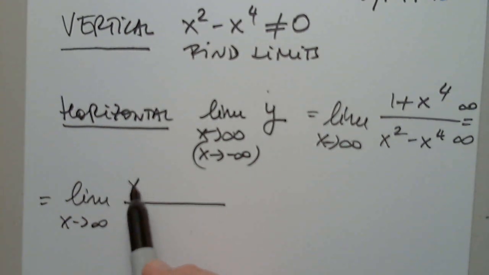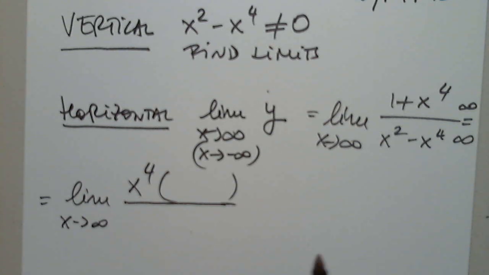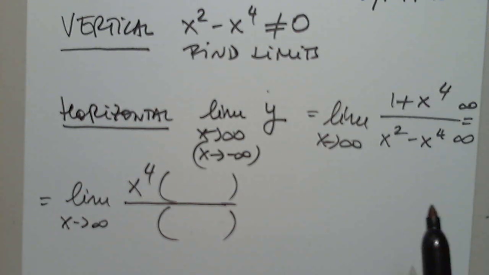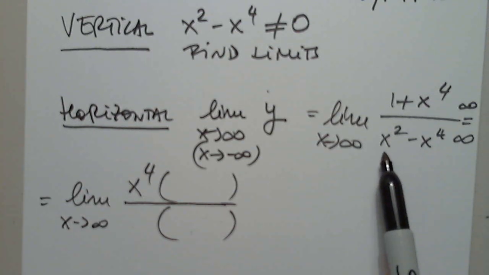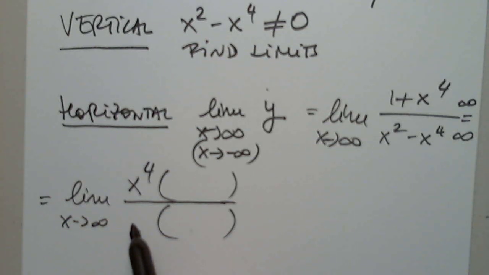And yes, so x to the fourth comes out. Degree of the denominator would be x to the power 4.